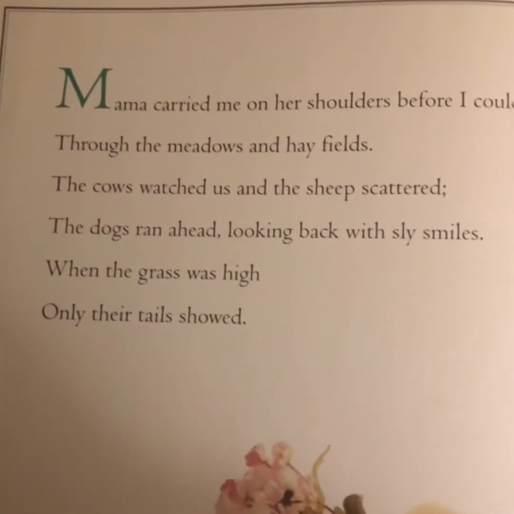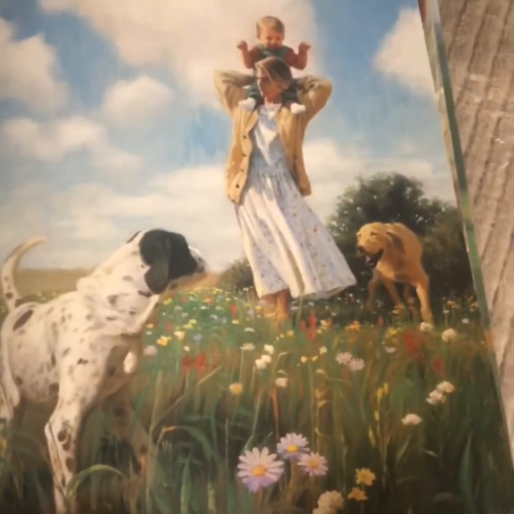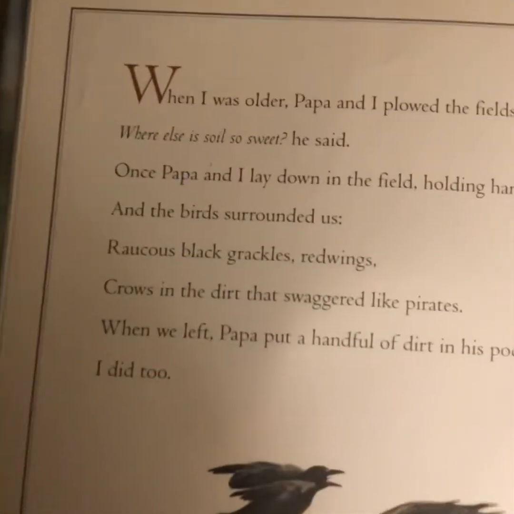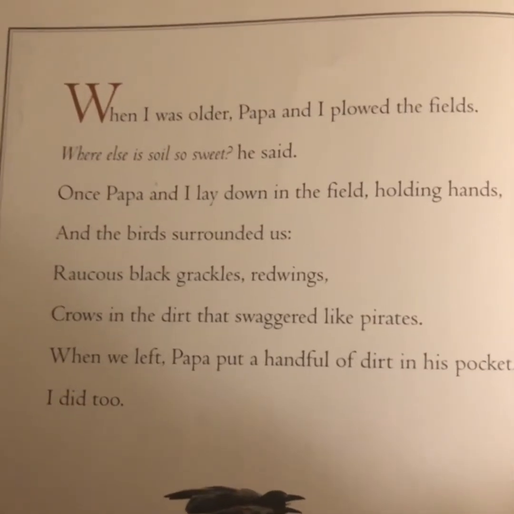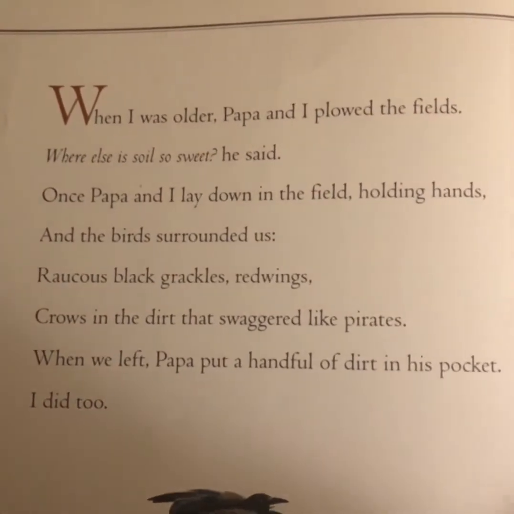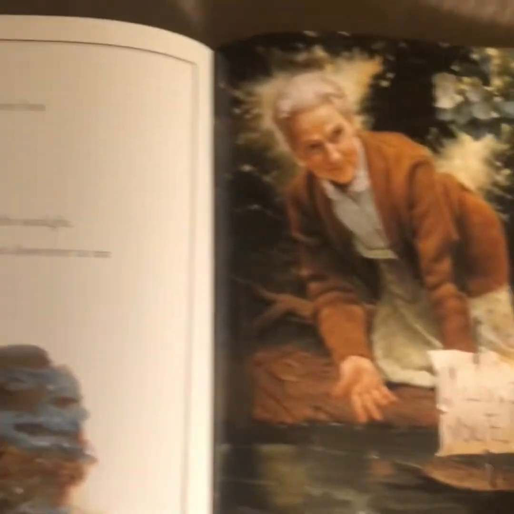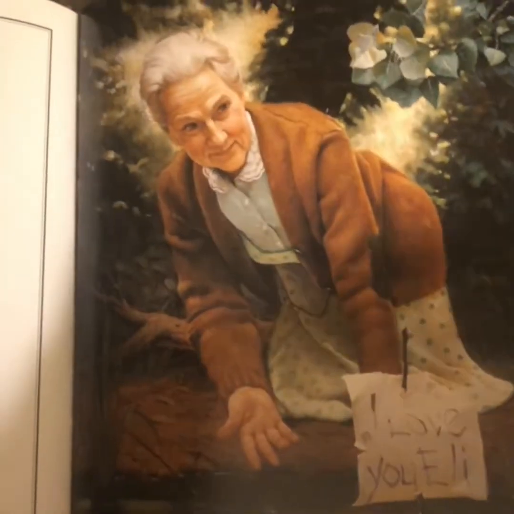We find out that these family members spend a lot of time in nature together, and that they each have a favorite place. We've got Papa laying down in the field, and we've got Grandmother, and she loves the river.